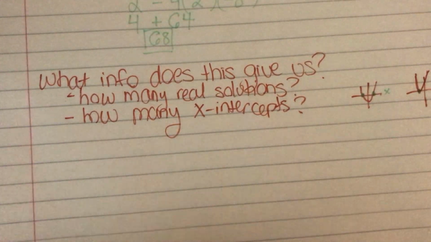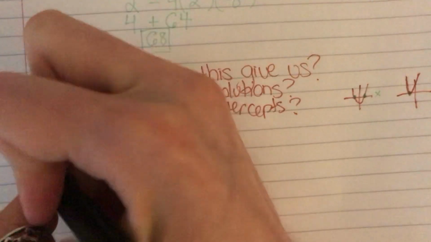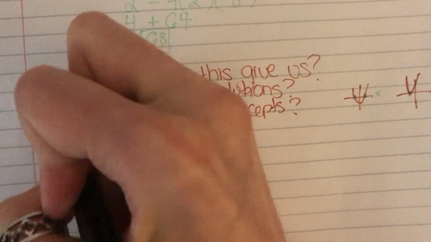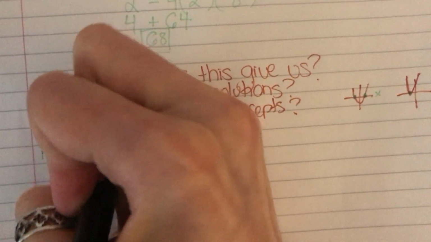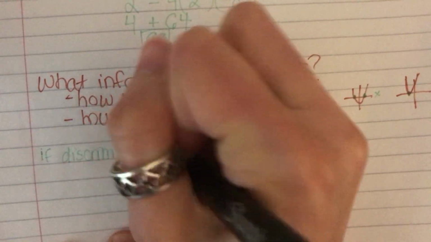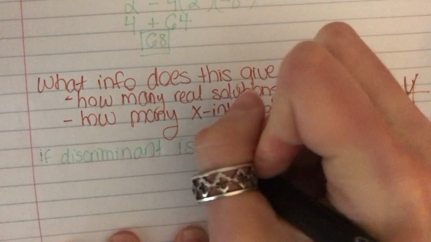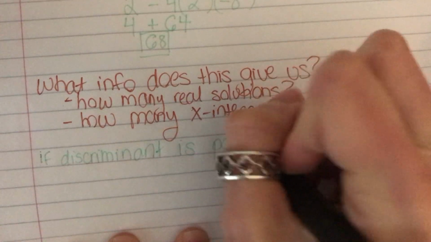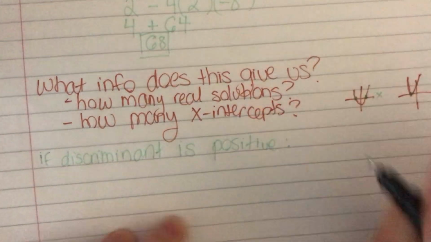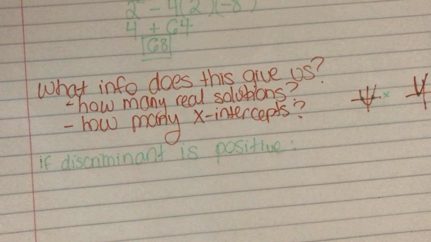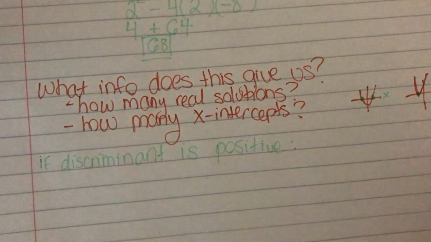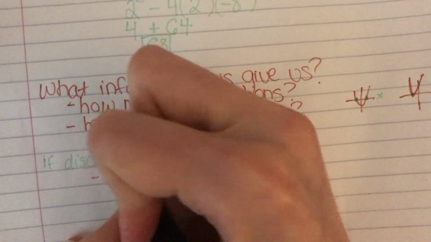I'm going to say, so if the discriminant is positive, if it's positive, that tells us that there are going to be 2 real solutions.